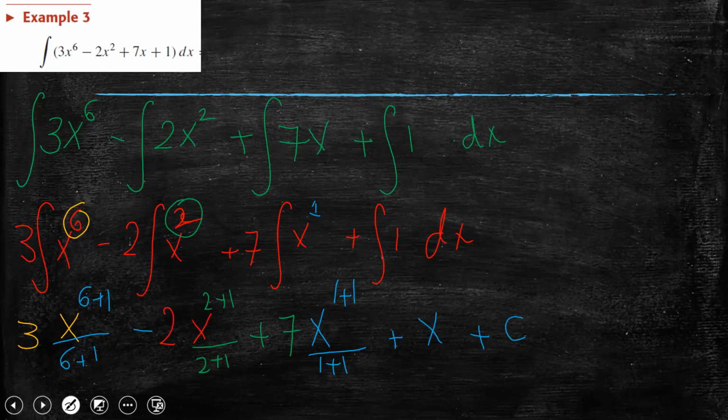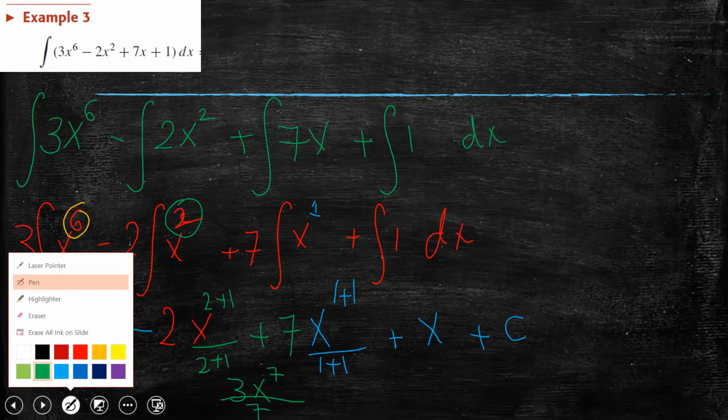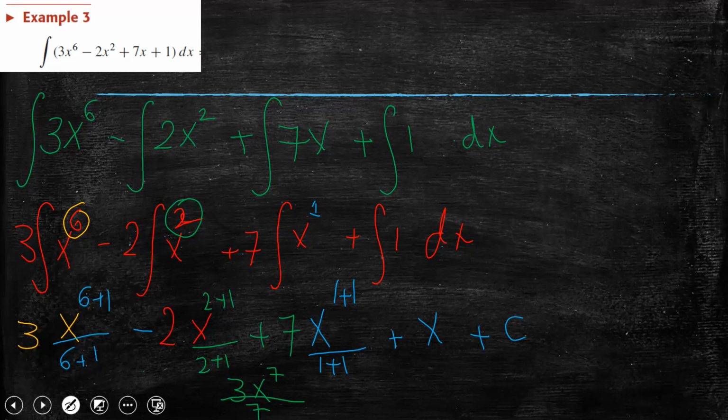Then let's now simplify. It will be 3x to the power 7 over 7 minus 2x cubed over 3 plus 7x squared over 2 plus x plus c.